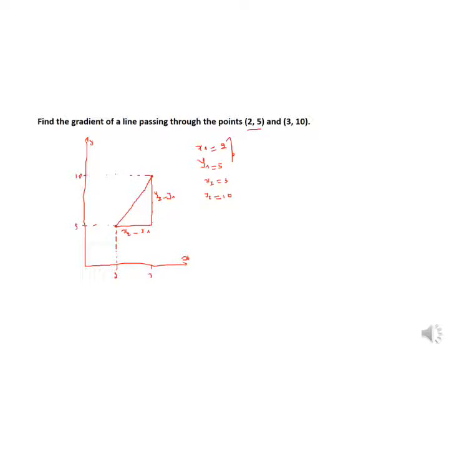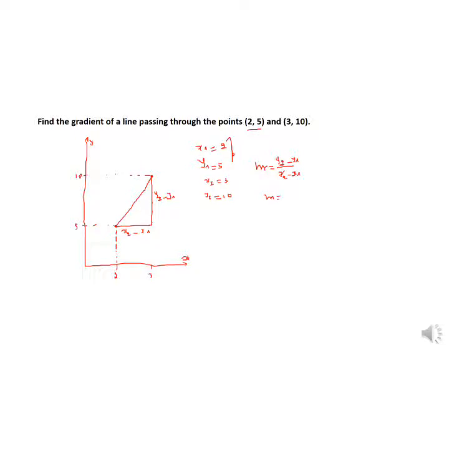So now remember that we saw that slope is equal to the change of y, y2 minus y1, over the change of x, which is equal to x2 minus x1.